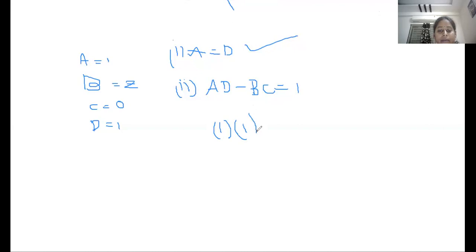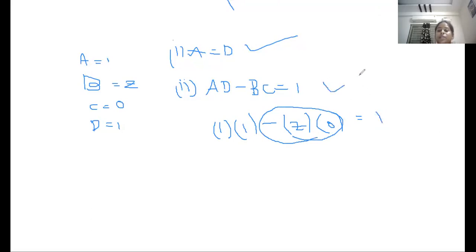A into D, 1 into 1, minus B value Z into C value 0. So this is Z into 0, which is nothing but 0, and we get the value 1.